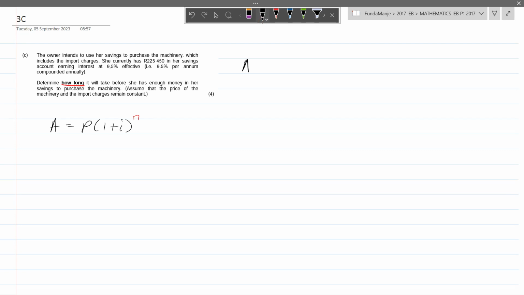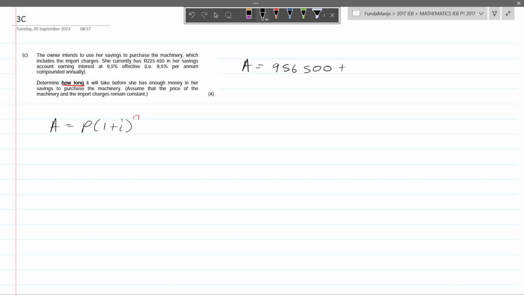So the amount that she wants to have is the amount of the new machine, which will be 956,500, plus, they say here, we should add the import charges, and the price and import charges remain constant.